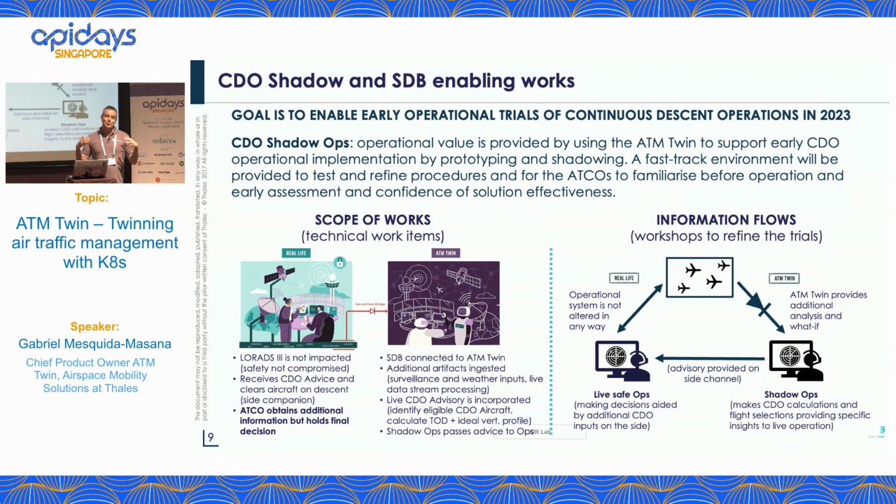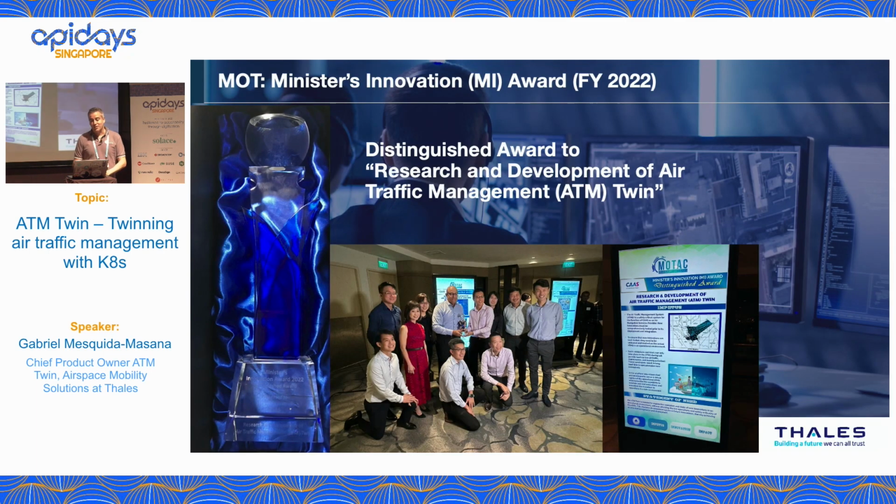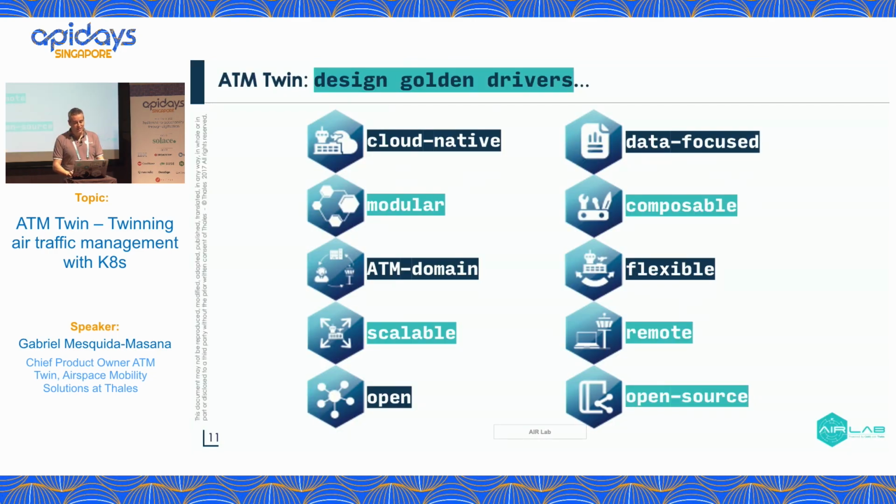Because if in order to save fuel for one flight, you need to move 5 other flights, you are not saving anything. So this is an example of application. By the way, the Transport Minister gave us 2 weeks ago the Distinguished Award for innovation, because I think that there are not many things like this.